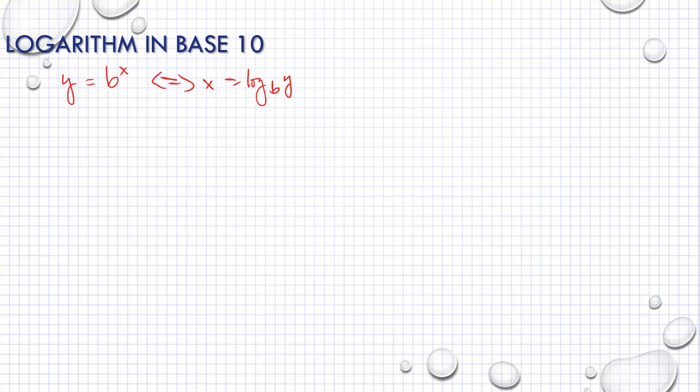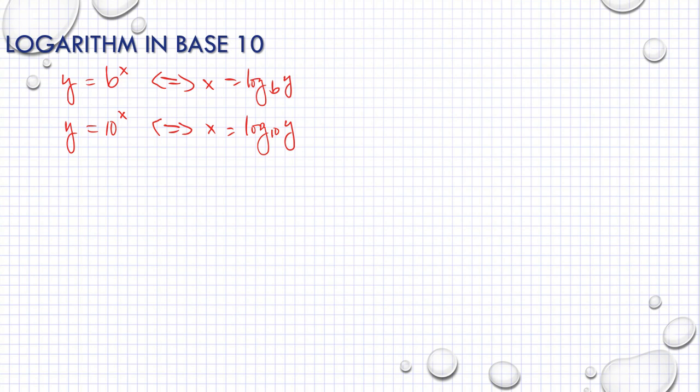We change that: y is equal to 10 raised to x if and only if x is equal to the logarithm of y. We don't usually put base 10 there. Everybody understands that if there's no base, then it is 10. Let's take some examples.